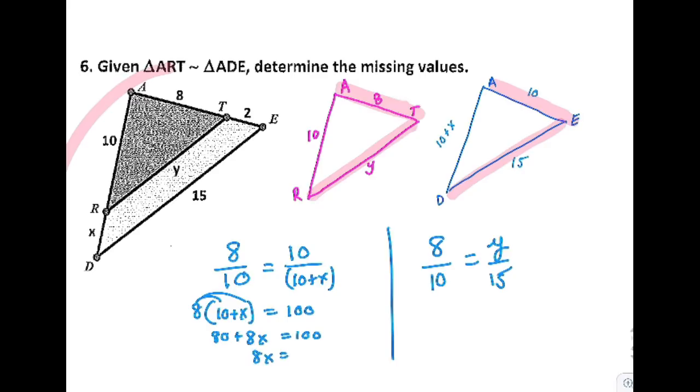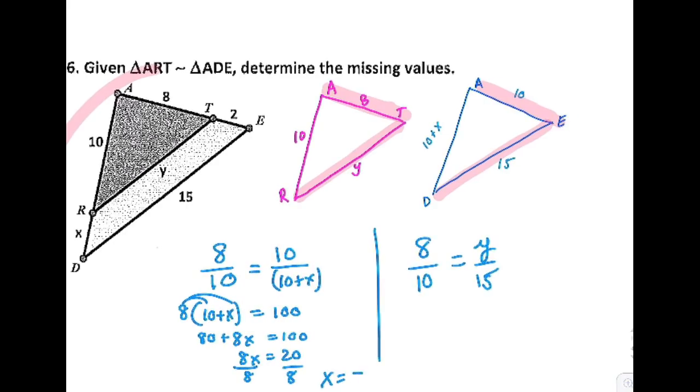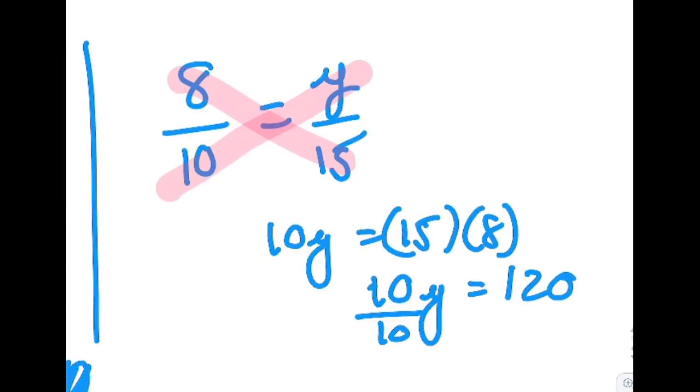I'm going to subtract 80 from both sides, get 8x equals 20, divide both sides by 8, and I get x equals 2.5 right here. This direction, I have 10y equals 15 times 8. So that's 10y equals 120. Divide both sides by 10. And y is 12.